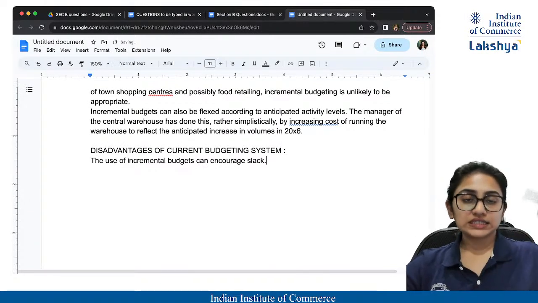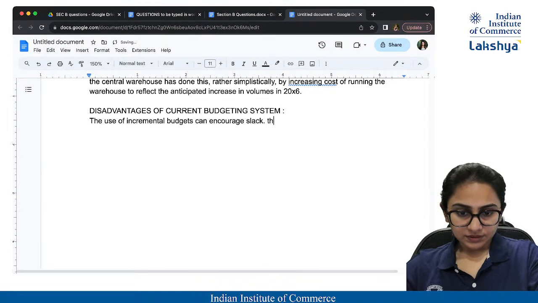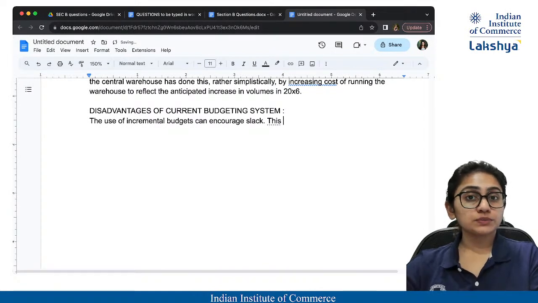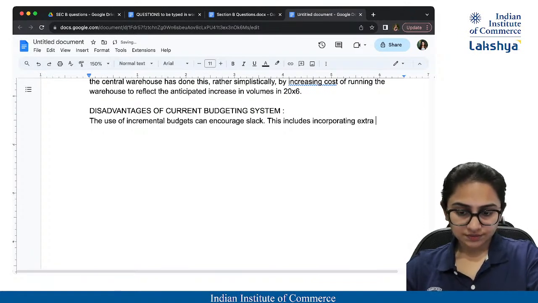Every year increasing, then the cost becomes a lot because it's not reducing only. And some inappropriate cost of the previous year have to be carried forward this year. So this includes incorporating extra cost into the budgets to make it more achievable.